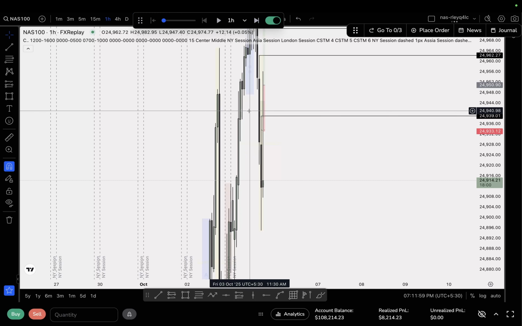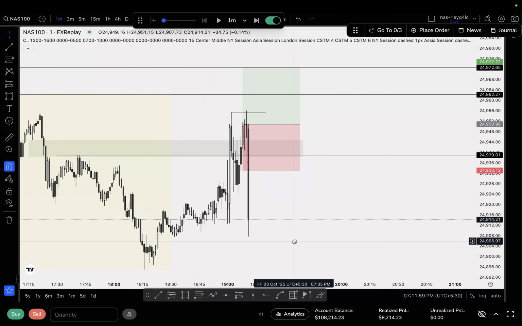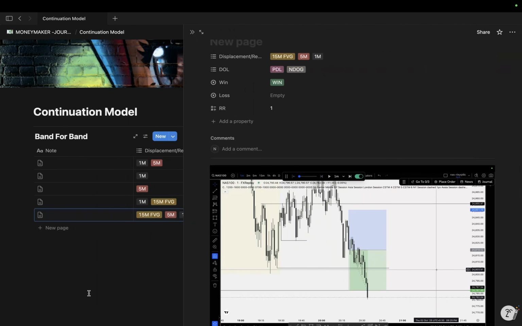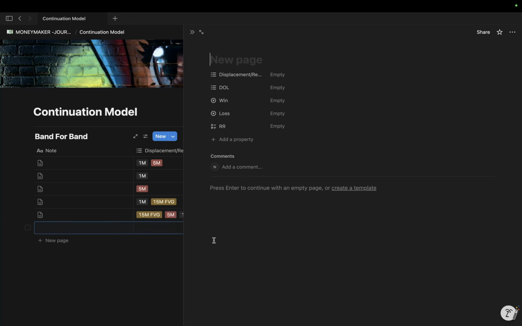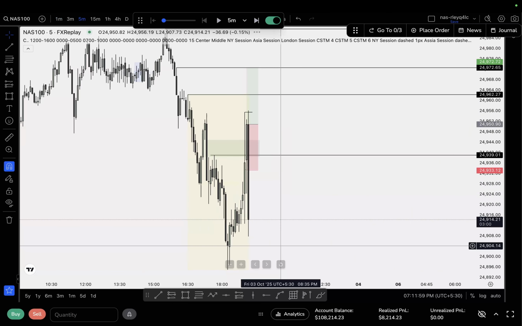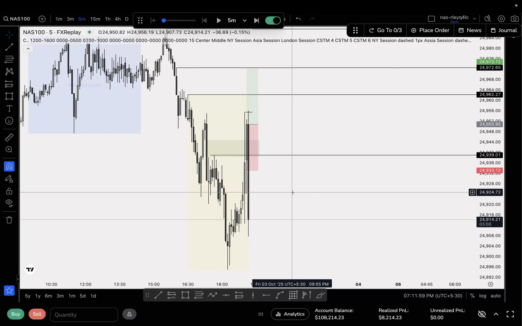Mm, yeah, we're into this hourly gap. Displacement 1 and 5. Is that 5, right? Yep, 5-minute displacement, 5-minute inversion.